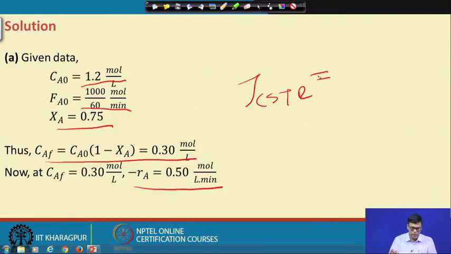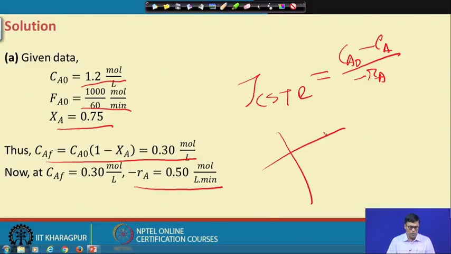Tau CSTR equals CA0 minus CA over minus RA. Now, this is the repetition of the previous problem, and we have the figures, the CA versus minus RA. Since our substrate concentration is 0.3, we know the rate of reaction at 0.3. This is about 0.5, from the table we can find out.